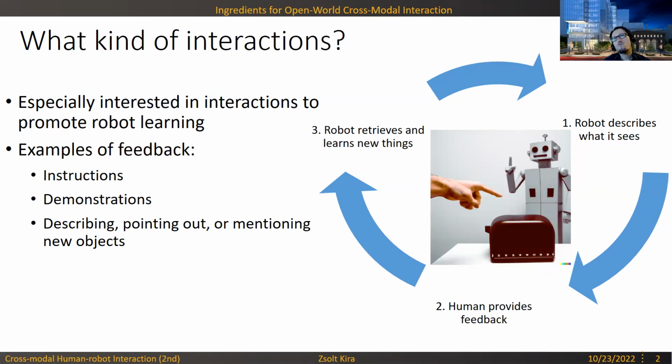And then the robot can react to that feedback, for example, by retrieving information from the web or other types of natural language inputs, or of course, images and videos, and it can ideally continuously learn about new types of things that it did not know about before.